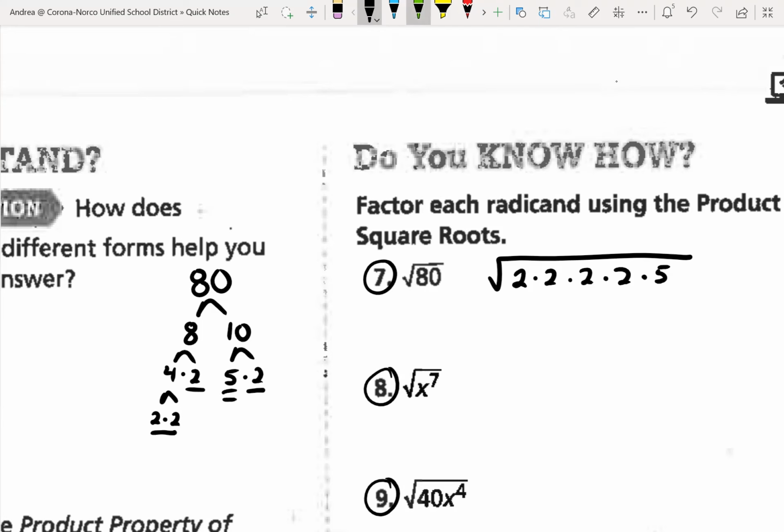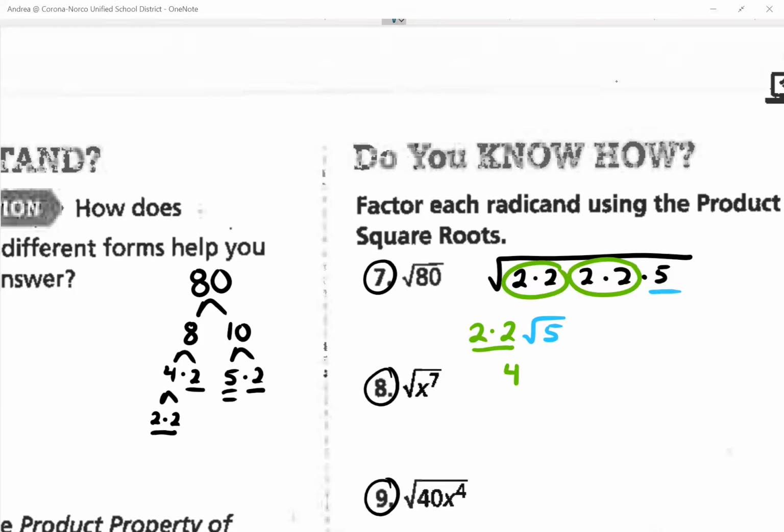So then I find my pairs. I have a pair of 2's outside. Another pair of 2's outside. 5 stays inside. No pair. 2 times 2 is 4. Square root 5.